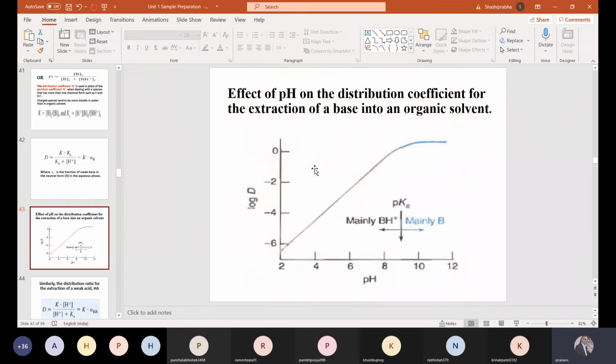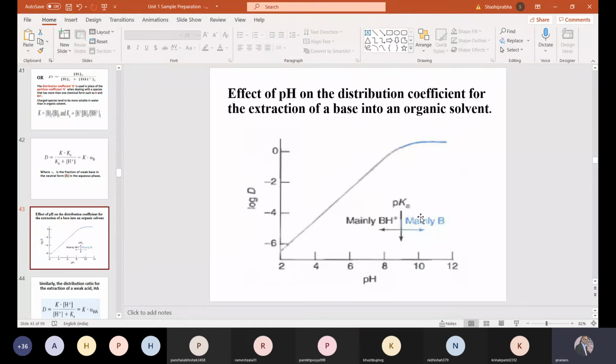From this figure, what we understand is that to have maximum efficiency of a base in extraction, we are supposed to create alkaline conditions. If they're acidic, make it alkaline, and once you make it alkaline, you can increase the D value, and more likely this D would be very close to K.